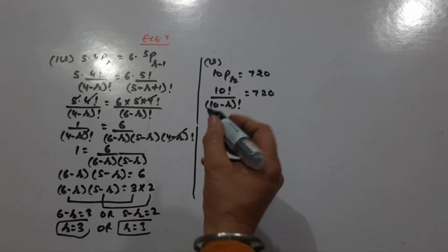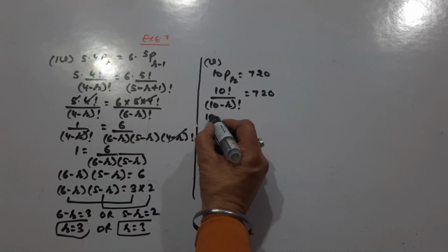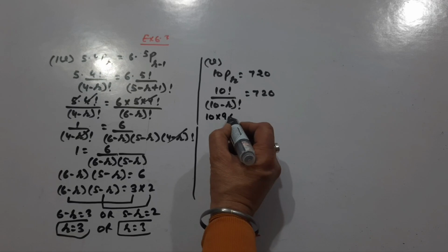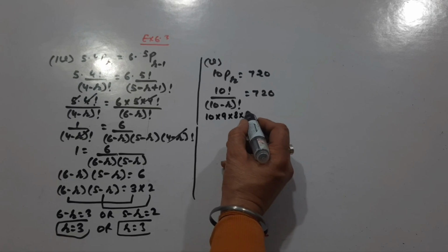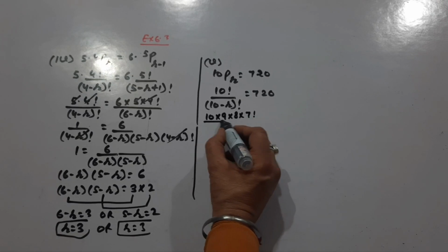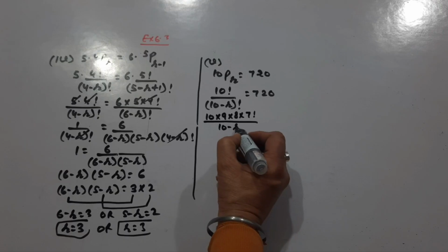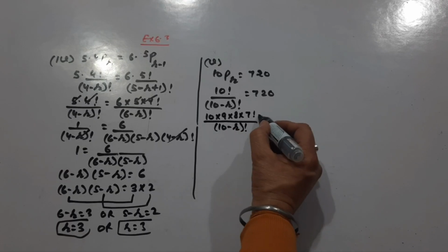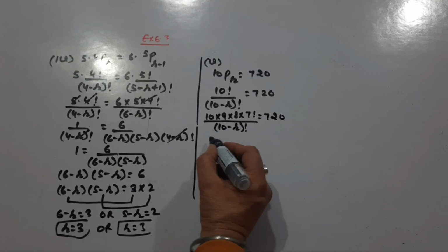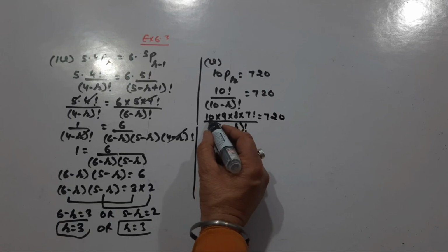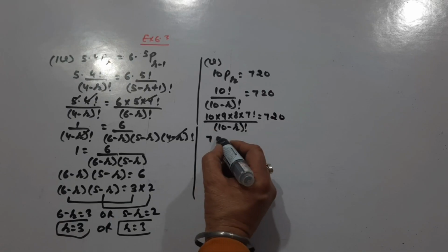Now students, write 10 factorial as 10 into 9 into 8 into 7 factorial upon (10 minus r) factorial equals 720. So we get 10 into 9, 90, into 8, 720.